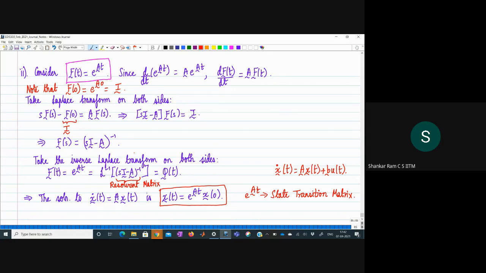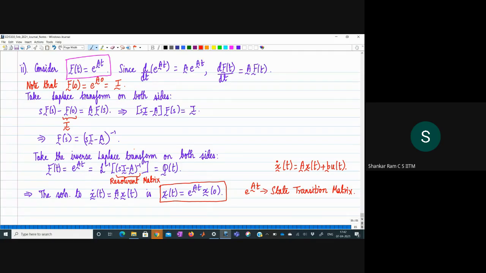Look at this equation: x of t equals e power At x of 0. We are essentially mapping the initial state x0 to the state at any given time. So that is why it is called a state transition matrix.